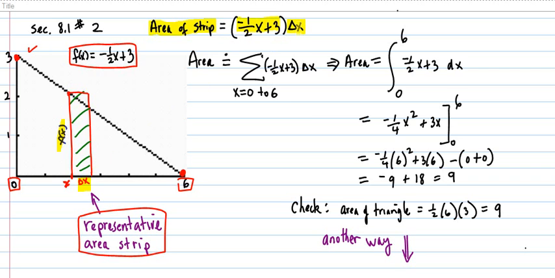At an x location here, the height will be negative 1/2 x plus 3, because that's the equation of the line, the y values, times the width, that's delta x. Then we're going to sum all those up, and we use this sort of slang notation. We don't have to get involved in the i counters.